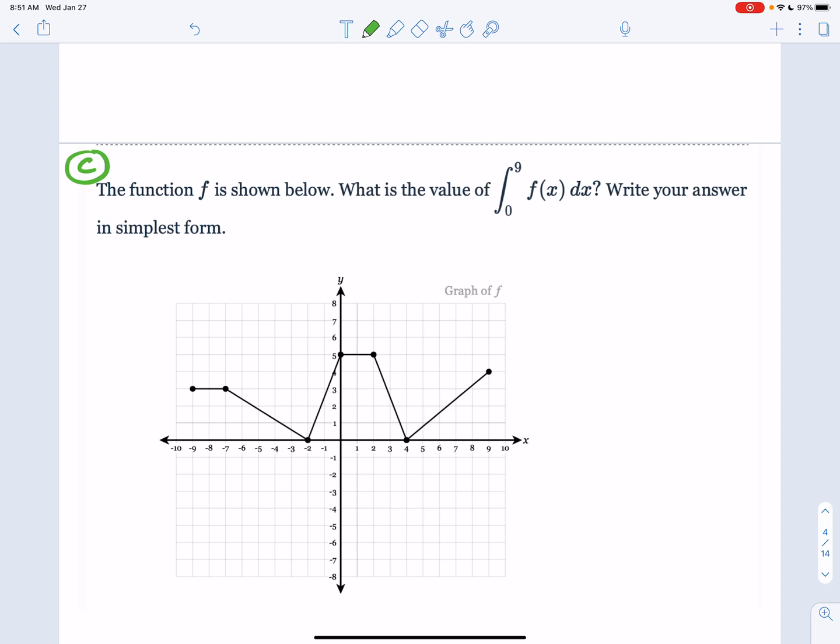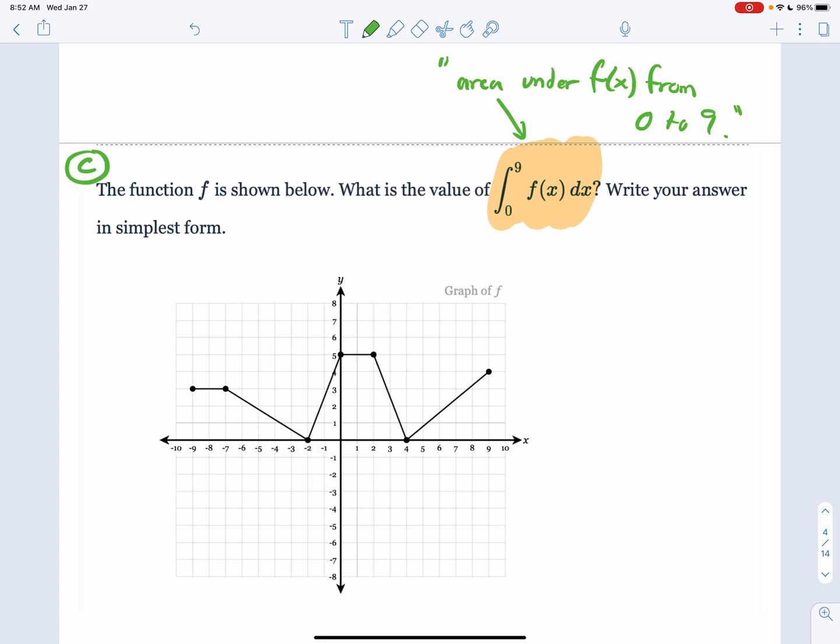So here's what you do. First, you want to understand what you're looking for. We want to find the integral from 0 to 9. And that means we want to find the area under the curve from 0 to 9. So that's really what they're saying. We want to find the area under this f of x curve from 0 to 9.